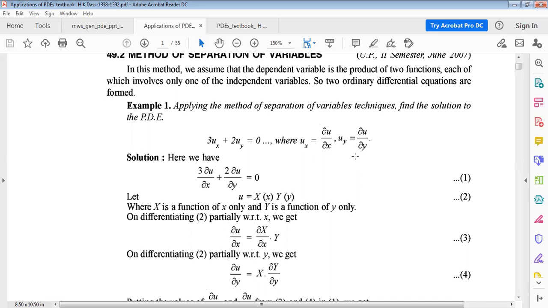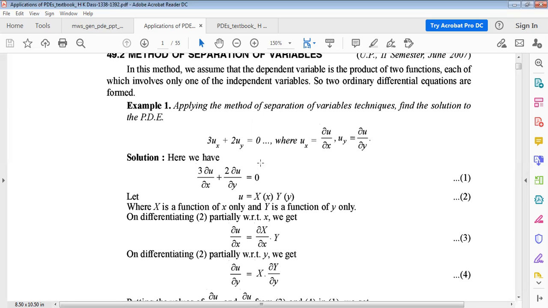So the given partial differential equation can be written as 3 ∂u/∂x + 2 ∂u/∂y = 0. Here u is the dependent variable, and u is a function of x and y. So x and y are the independent variables and u is the dependent variable.